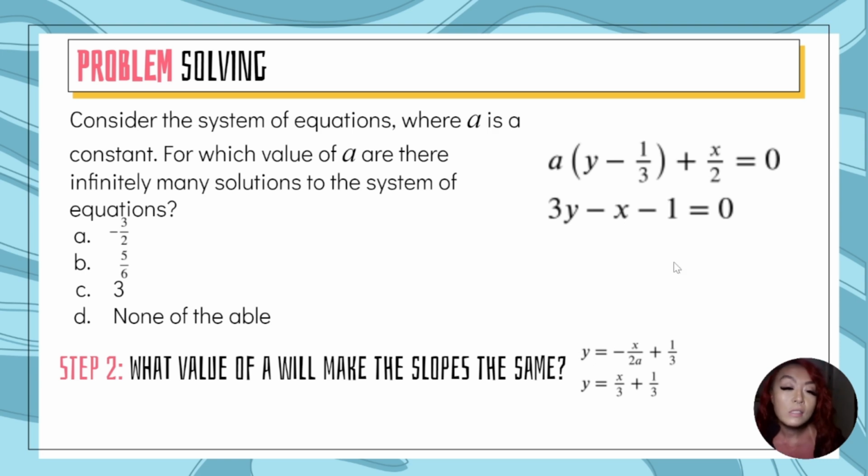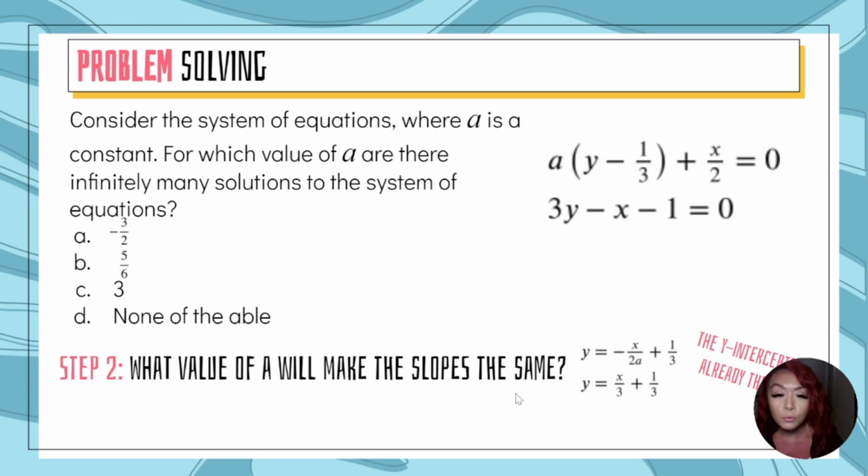So notice, after we solved each equation for y, our y-intercepts are already the same. The y-intercepts are both 1/3. So now we just have to look at the slopes. The slope of the first line is -x over 2a, and the slope of the second line is x over 3. Now we know they have to have the same slope and the same y-intercept.